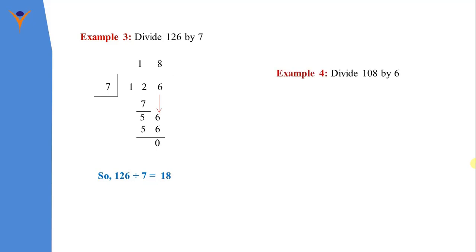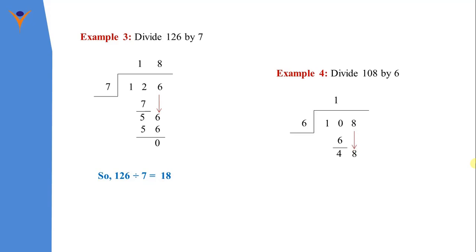Another example here says divide 108 by 6. There we go. 108 divided by 6. Again, we start from the left. 10 divided by 6 is 1. If we take 6 away from 10, we have 4. So now we're going to bring down that 8.